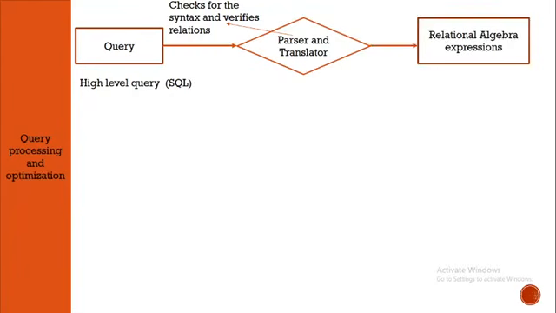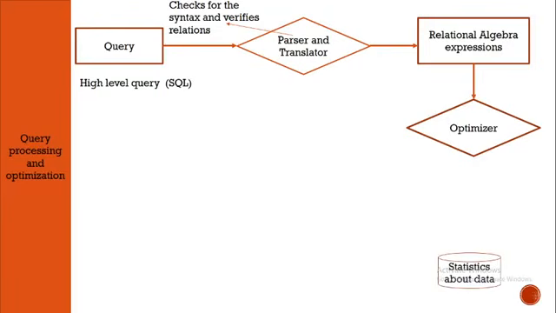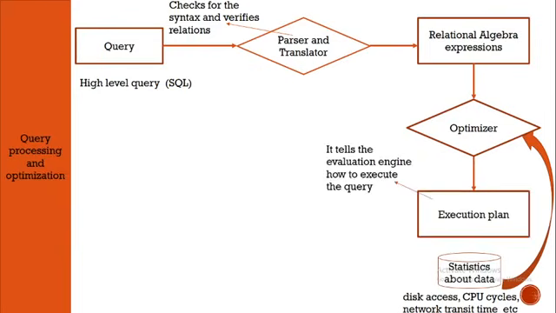The translator translates the query into a relational algebra expression and then forwards it to the optimizer. The optimizer collects the statistical information about the query like disk access time, CPU cycles, network transit time and many more. So in short, the optimizer calculates the cost of the query and forwards it to the query execution plan.